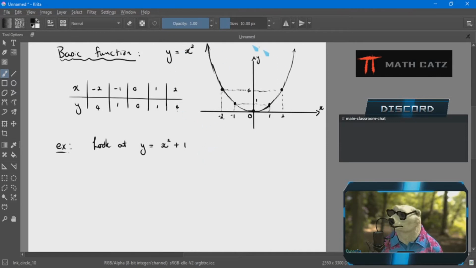If I take this basic function I have in my library and see what happens to it in its function form, I see that the original right-hand side, which was x squared, is still there. I just add 1 every time to get the y value in this new function.